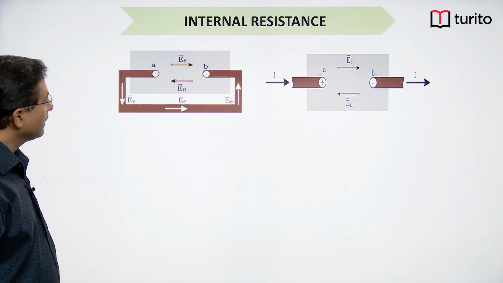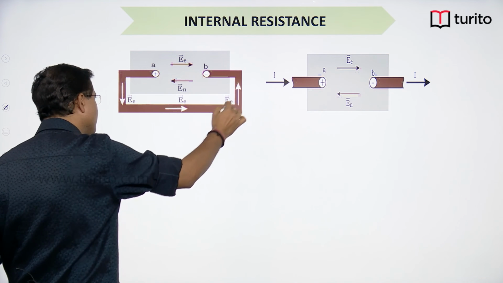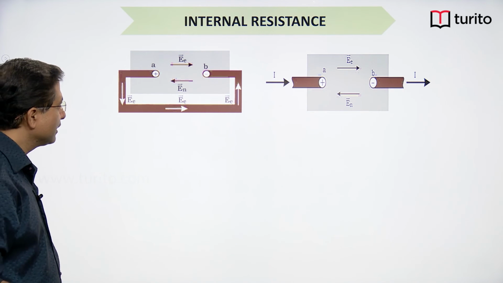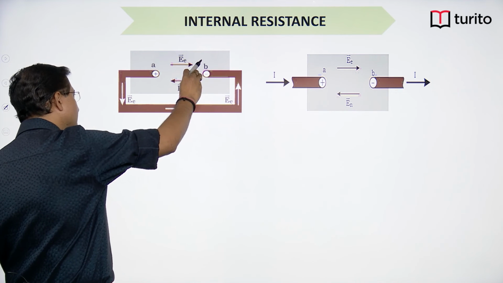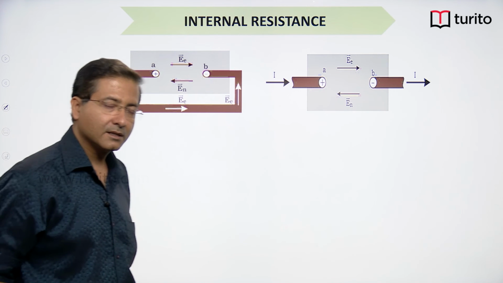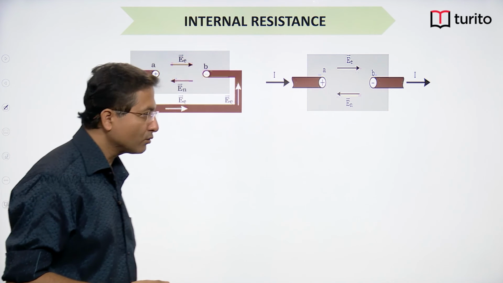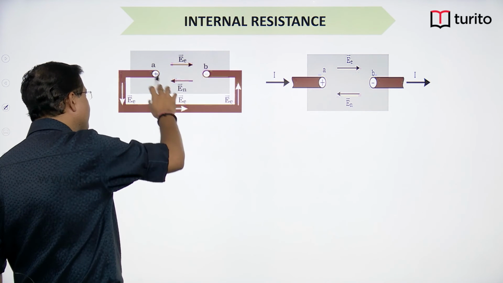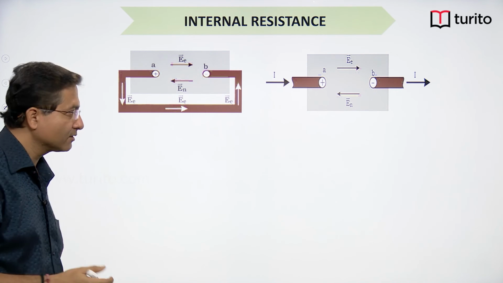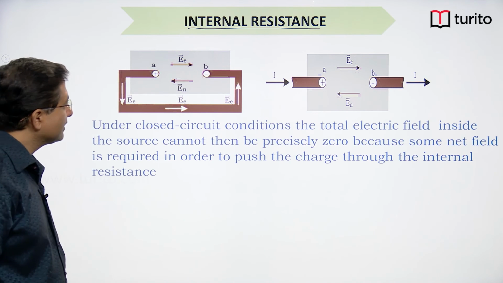Now as the charged particles start moving, inside there will be movement of ions. So ions will be moving through the medium, the electrolyte. That electrolyte will offer some resistance to the flow, okay. As the electrolyte is offering some resistance to the flow, we say that the cell has some internal resistance, okay.